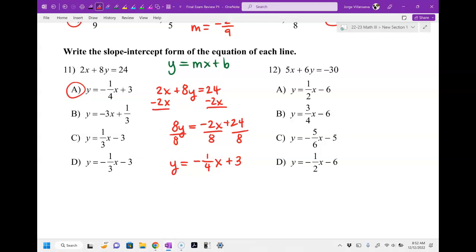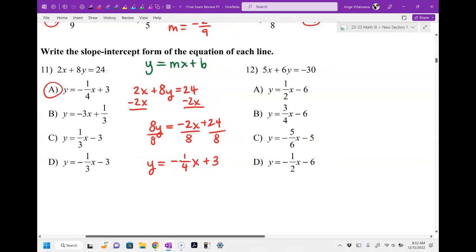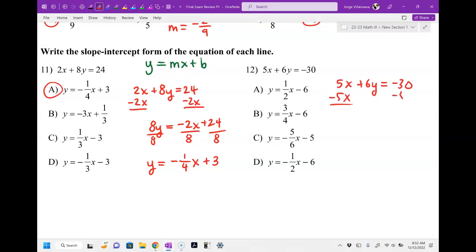For number 12, we're going to do the same thing. We're just going to solve for y. Okay, so I got 5x plus 6y equals negative 30. And we'll subtract 5x. So I get 6y equal to negative 5x minus 30.